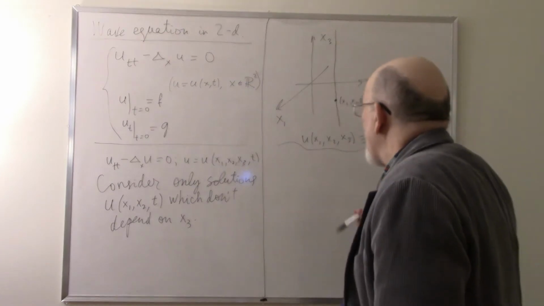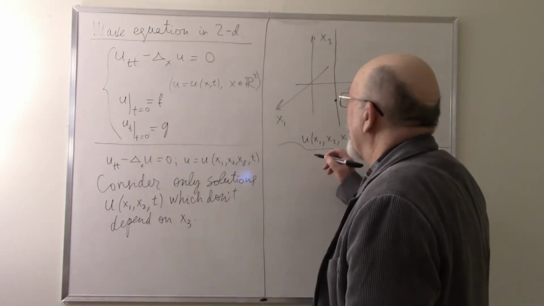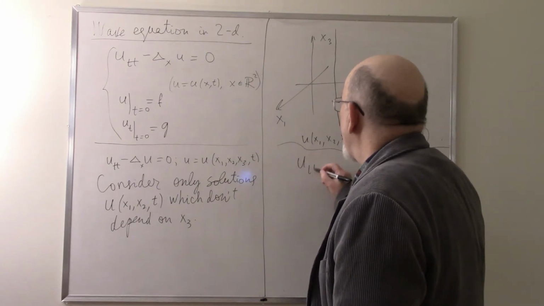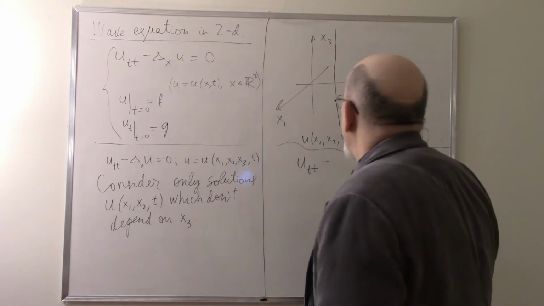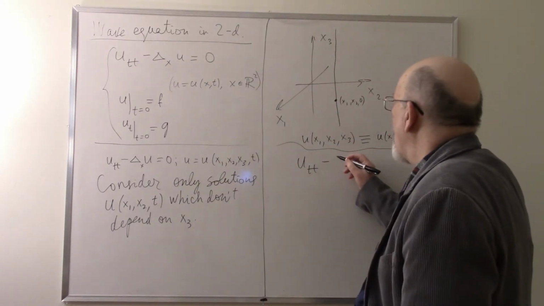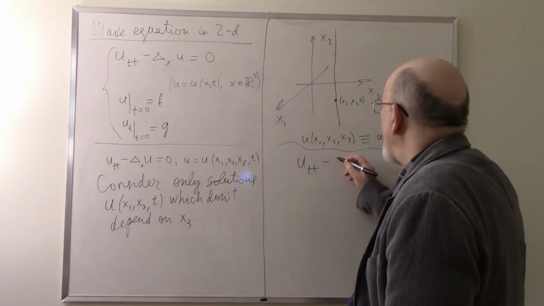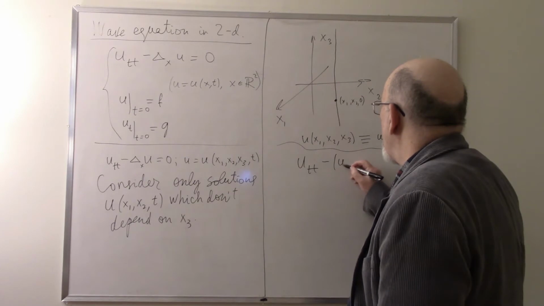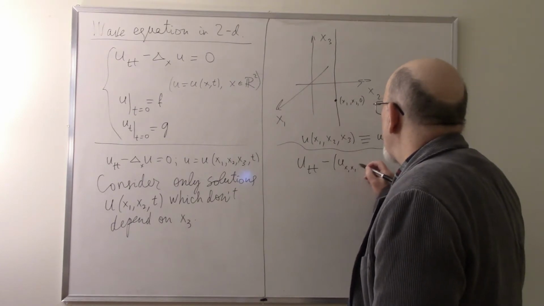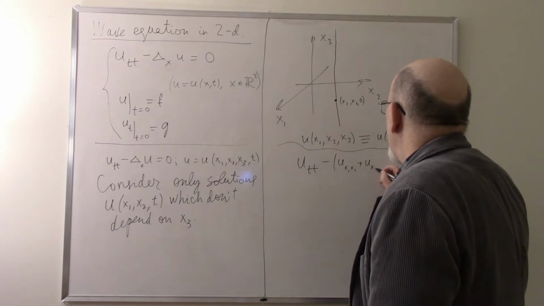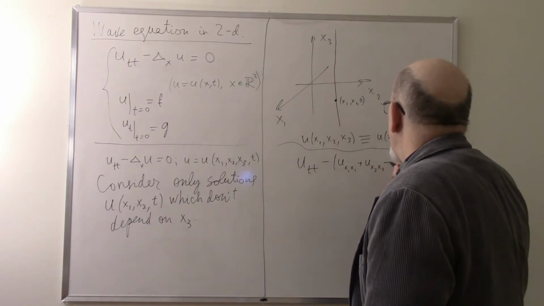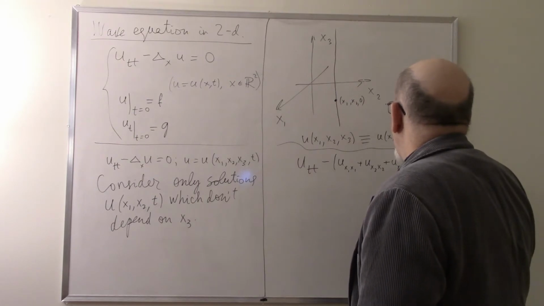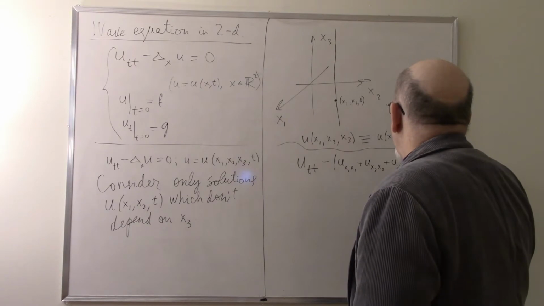So consider the following: u_tt minus Laplacian u, Laplacian u being u_x1x1 plus u_x2x2 plus u_x3x3, equals 0.